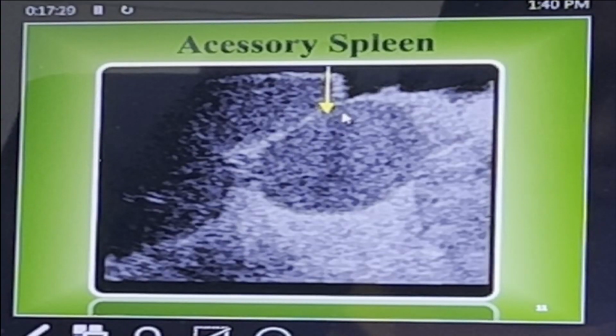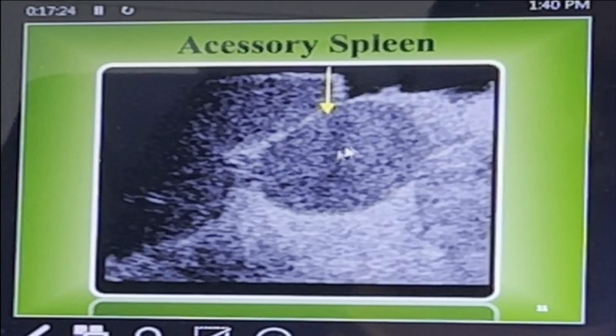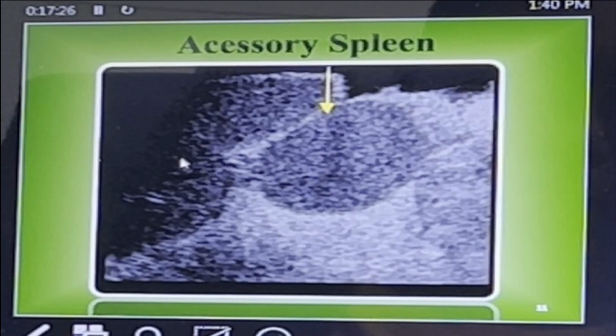Now, another very mysterious thing you will see here. Look at this picture. This is spleen. Outside of the spleen, there is some splenic tissue. You can see this in 10% of the cases.